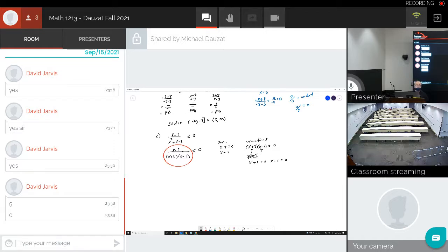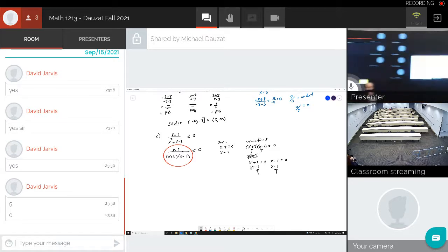So x plus 2 is equal to 0 when x equals what number? Negative 2. X minus 1 is equal to 0 when x equals what number? Positive 1. So those two numbers are the values of x that make that rational expression in red undefined. All those go on the number line.